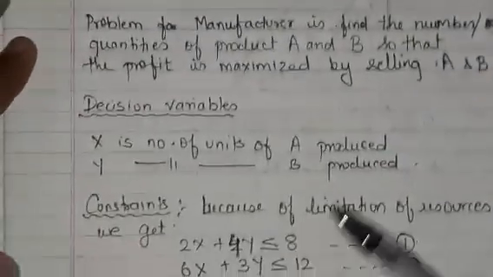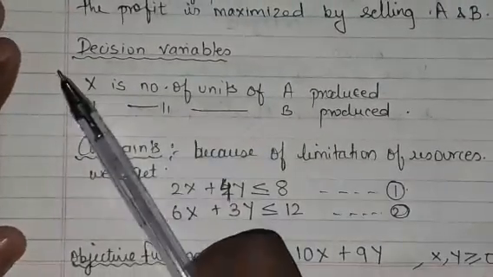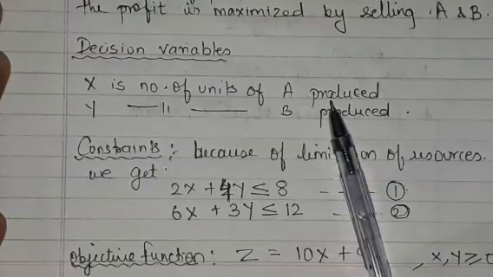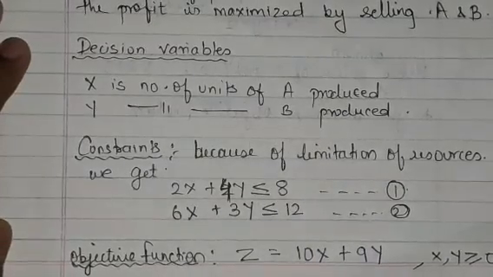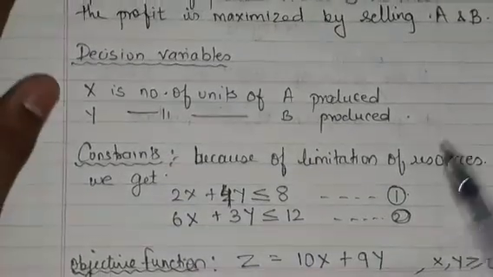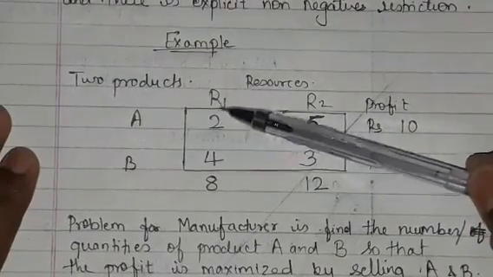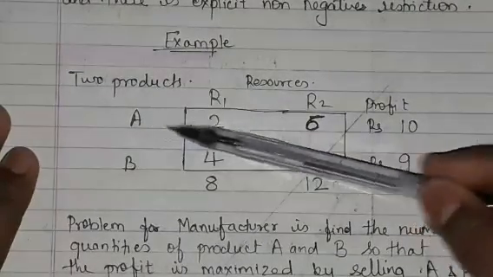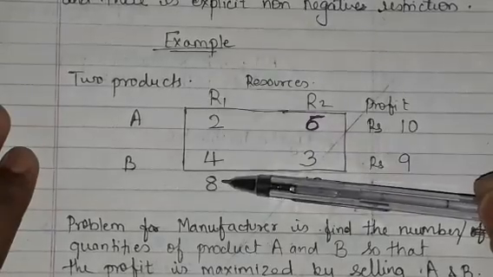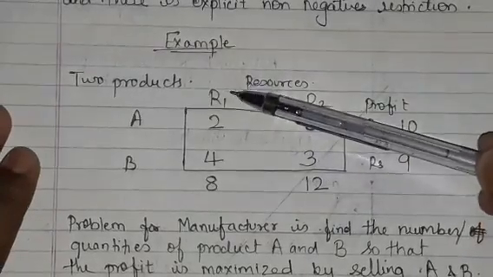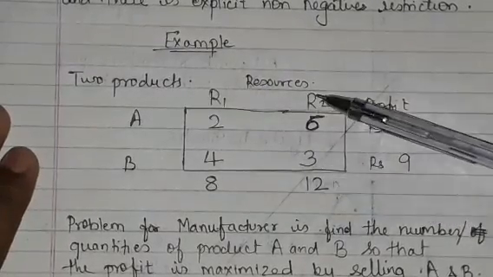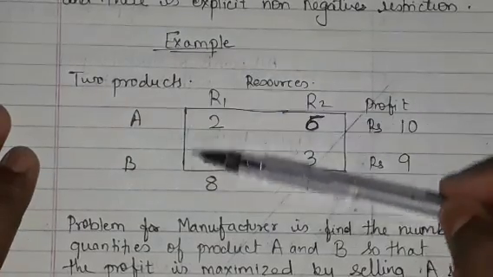So the decision variables in this case: x is the number of units of A produced, y is the number of units of B produced. Constraint: I told you that I have a total of 8 amount of raw material R1 and 12 amount of R2, right? So how do I make a constraint?